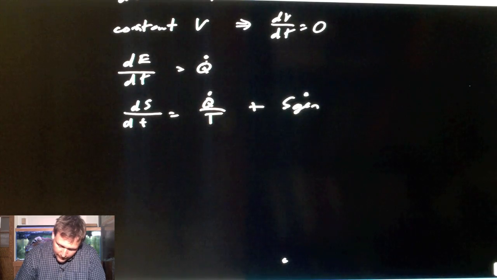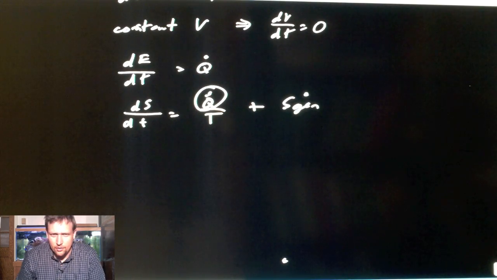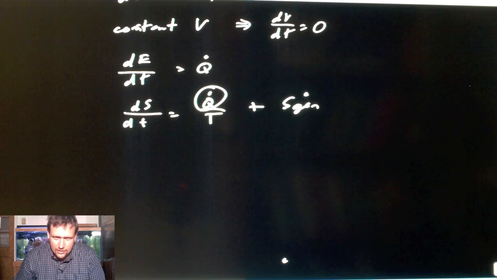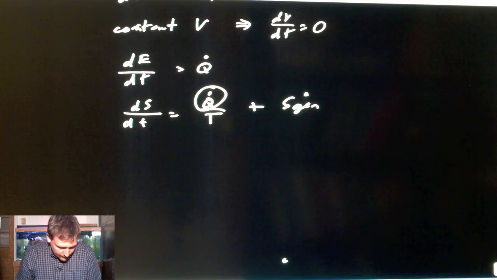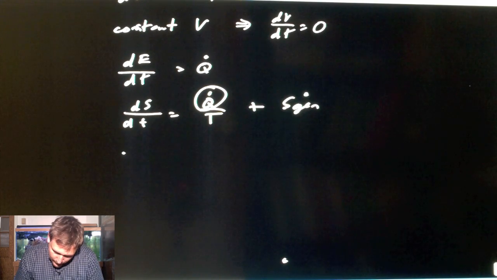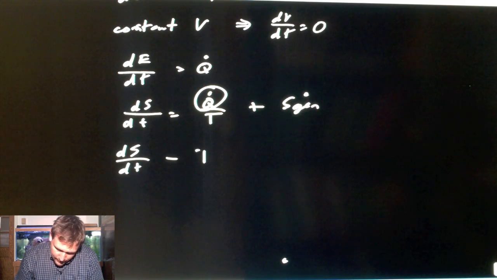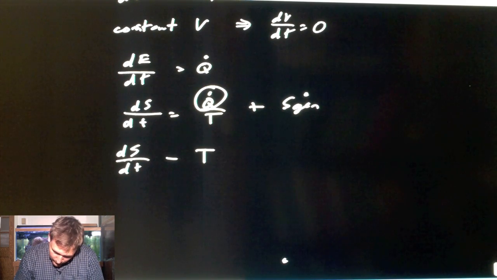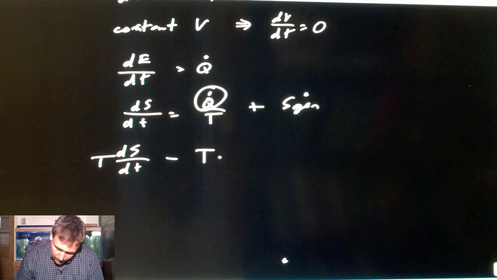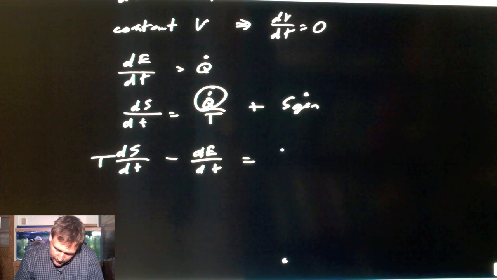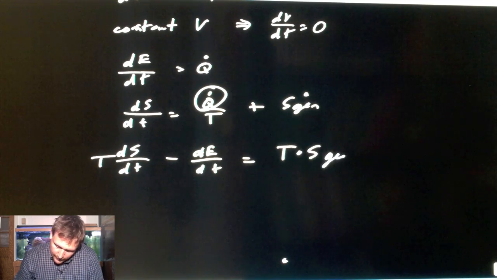Now we can substitute in for q dot in this equation with the dE/dt term. And then I'm going to automatically move it to the other side and multiply through by the temperature to end up with the following equation: T dS/dt minus dE/dt equals T times S gen dot.